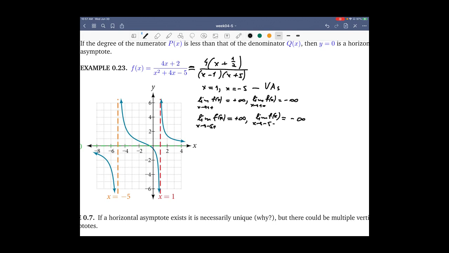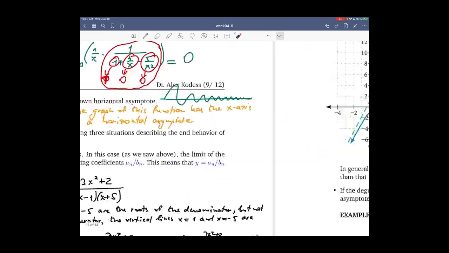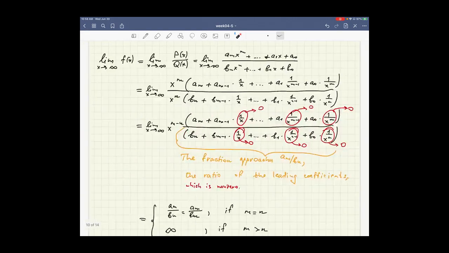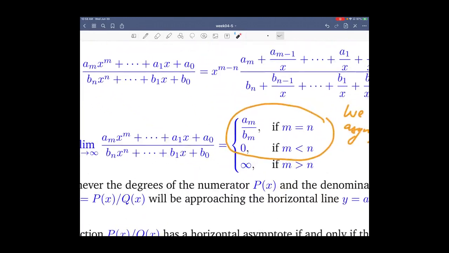What about horizontal asymptotes? Well, we compute the limit of f at infinity. And we see immediately that because the degree of the denominator is strictly greater than the degree of the numerator, the limit, as we know, is 0.